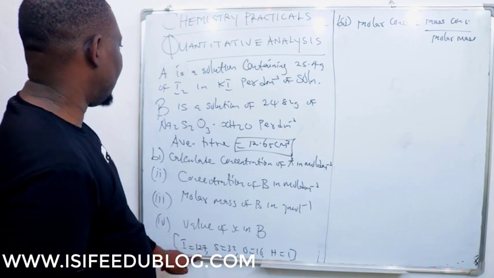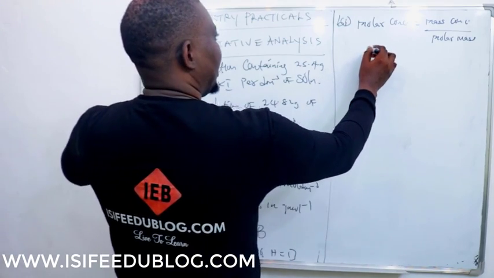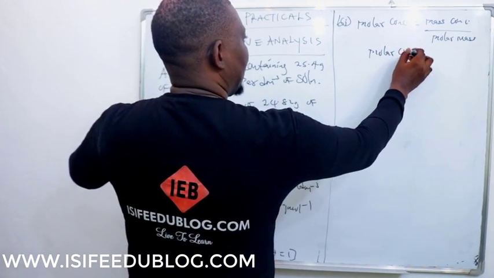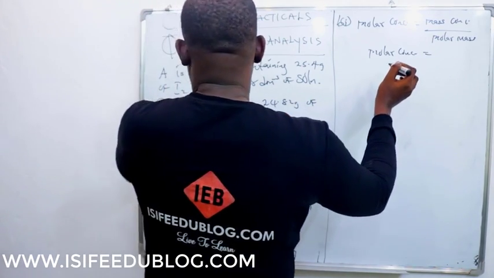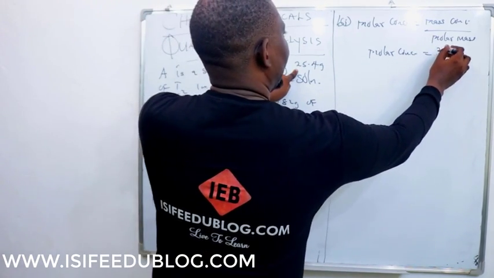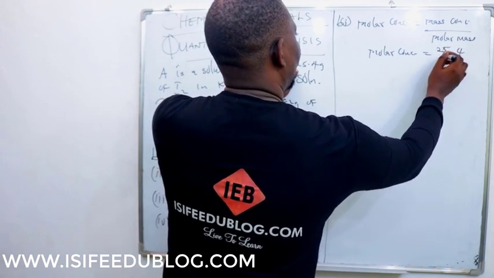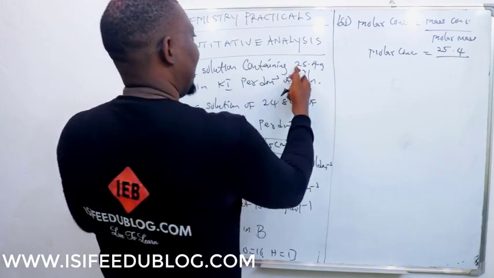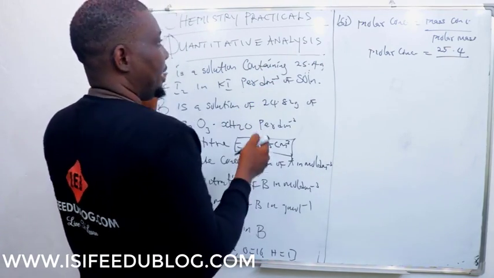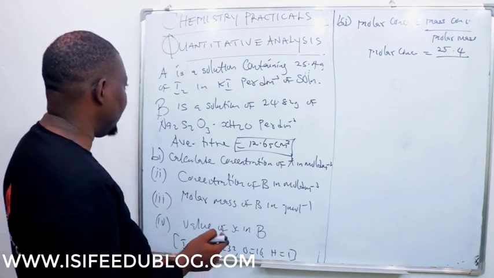So that with this now, since A is I2, I can find the molar conc now. Molar conc is equals to mass concentration here is giving us 25.4 over, from this A containing, that's the mass concentration of A, the molar mass of A, from the atomic mass of iodine.